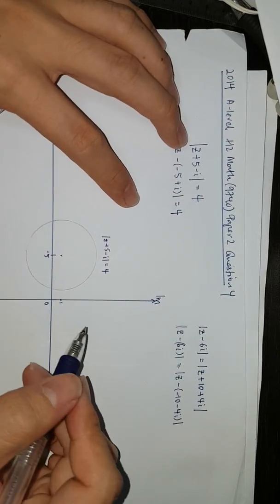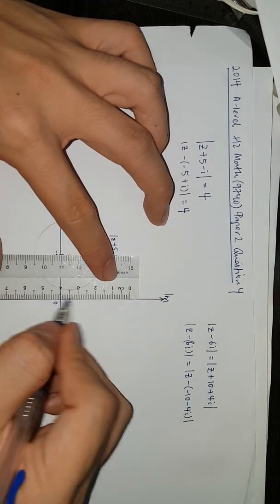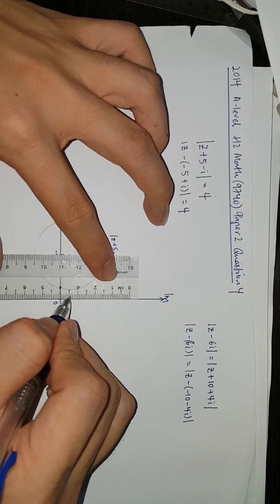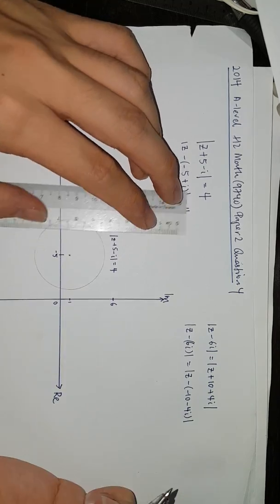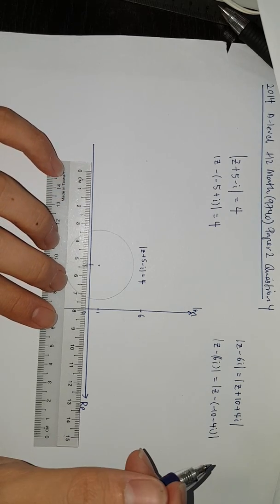So when you sketch this, just plot the 2 points: 1, 2, 3, 4, 5, 6, 6 units. This is your 6i, 1 point, and the other one would be -10, -4.